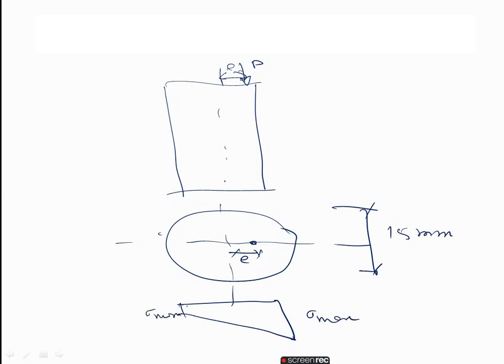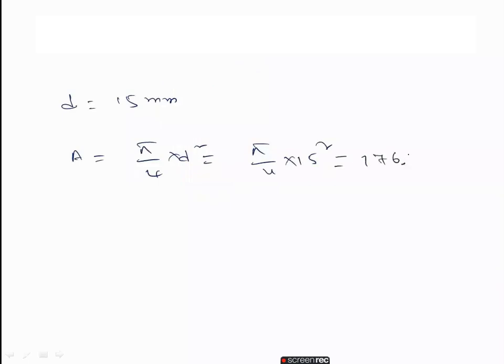Okay, now I will write the given data. So D equal to 15 mm. This is the diameter. So the area is pi by 4 into D square. D is 15 mm, so if you substitute here, you will get 176.714 mm square.